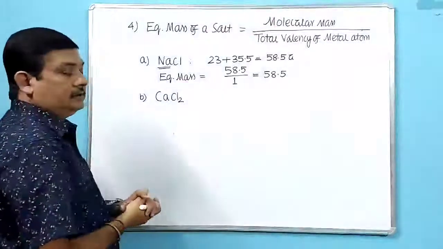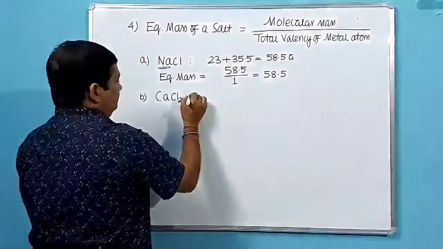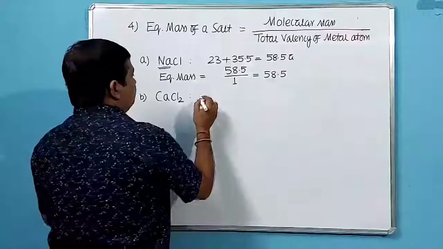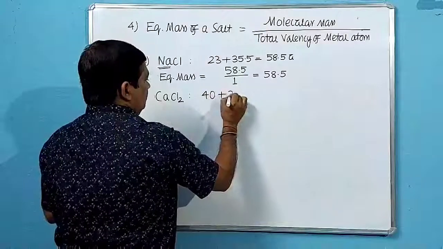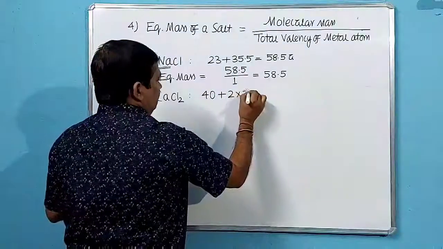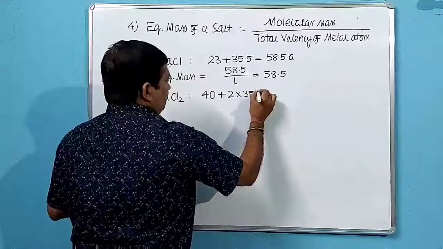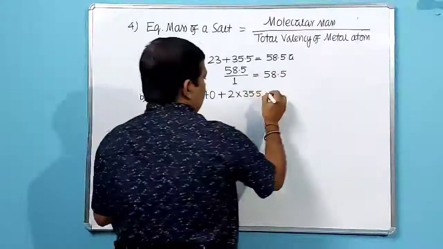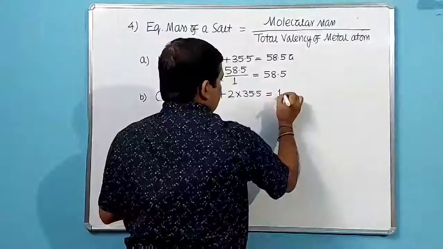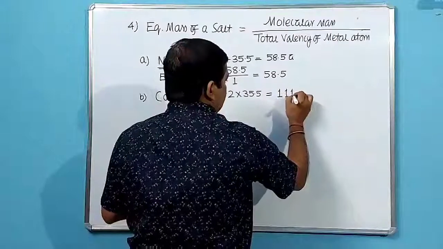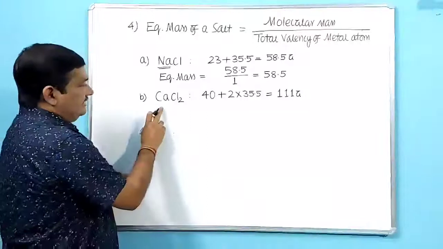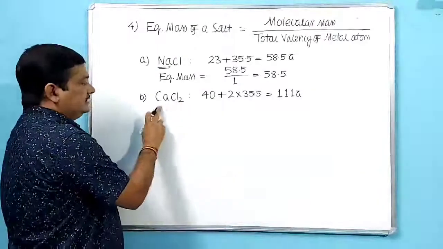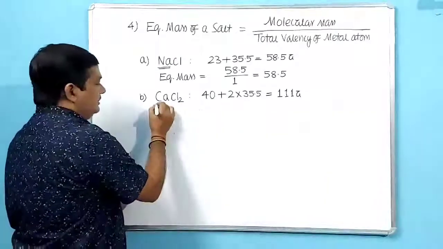Then next we will go to calcium chloride, another salt. First let us find out the molecular mass. Calcium is 40 plus 2 into chlorine 35.5, so 71 plus 40, 111 U. Next part is to find out the metallic part. Calcium chloride, Ca 2 plus and 2 Cl minus.